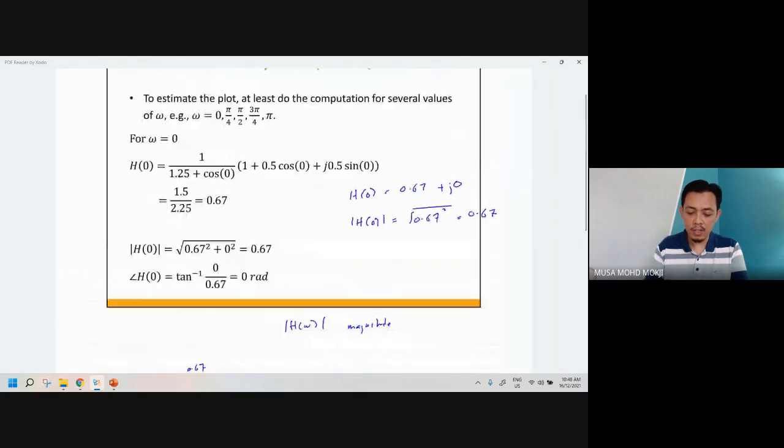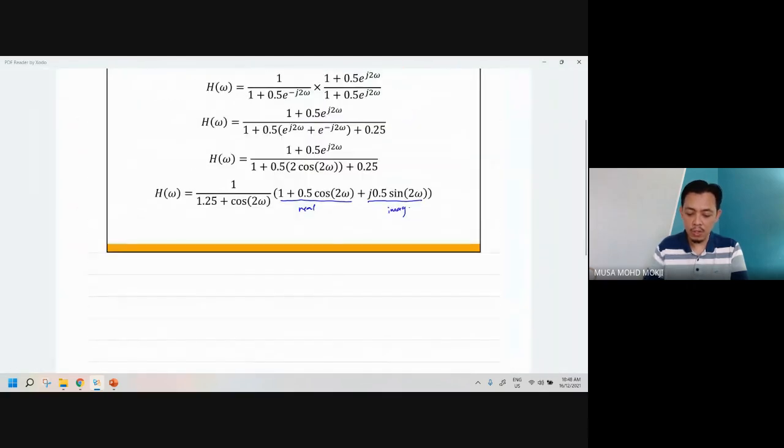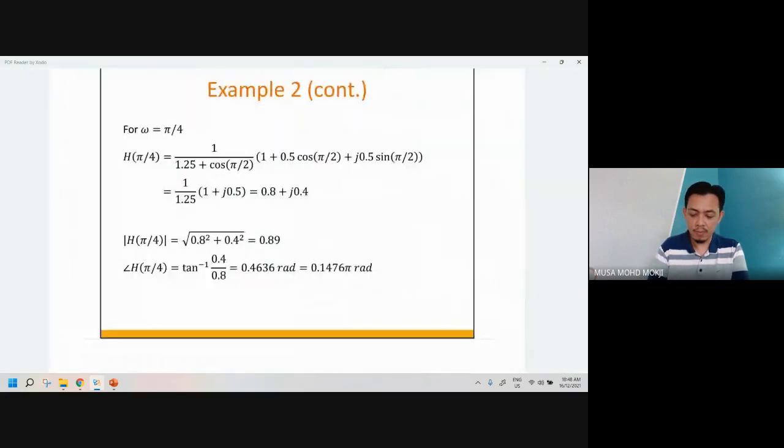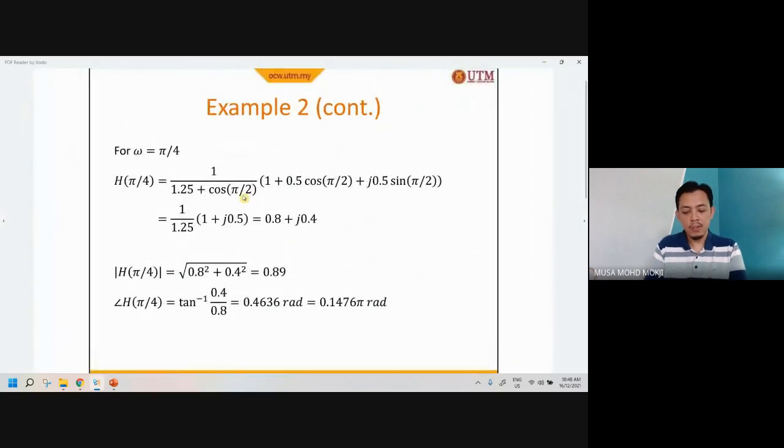Because the equation is, let's go back to the original equation, this is 2 omega. When we change it into 2 pi over 4, this is where we get pi over 2. This is where you will see pi over 2 here. Okay, solve it.